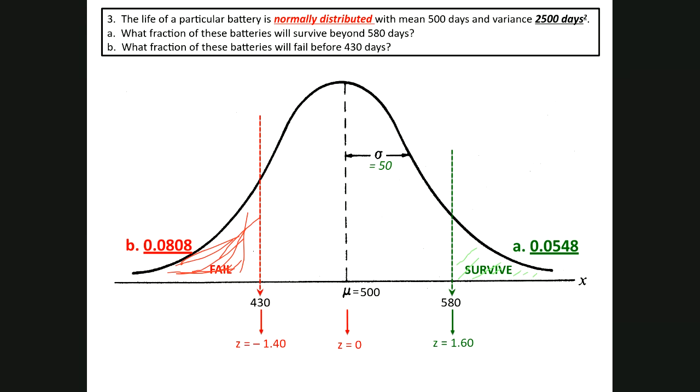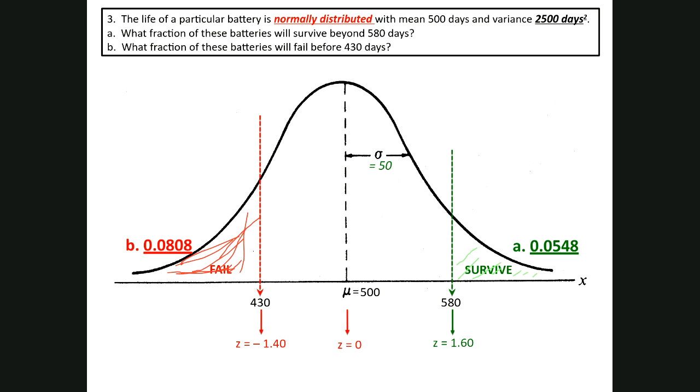So as another question that's not included, if I were to ask you, what's the probability that the battery survives between 430 and 580 days? Hopefully you could get this. Let's take a look at this.